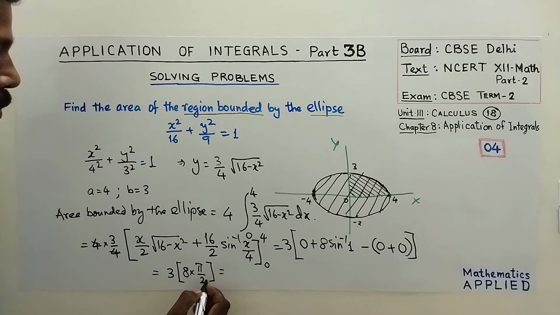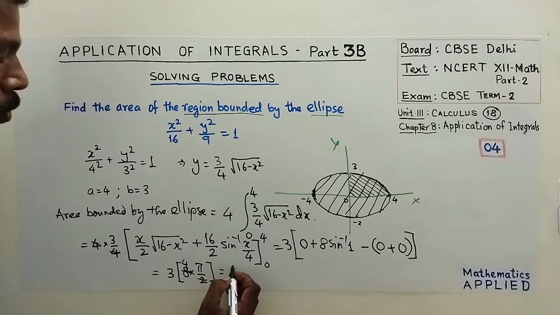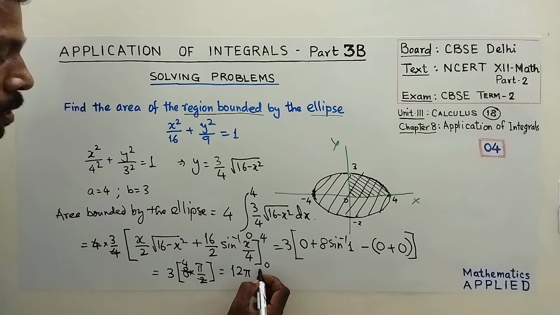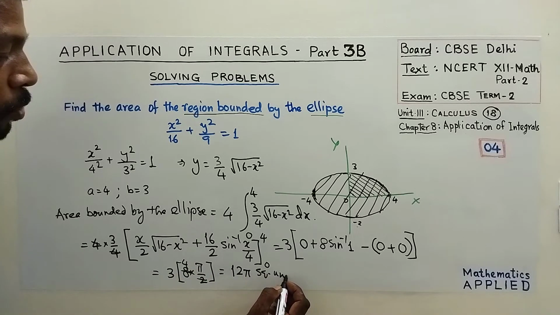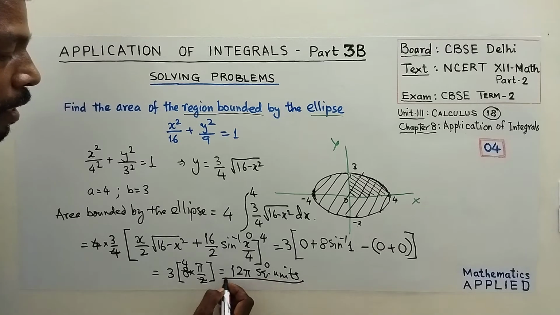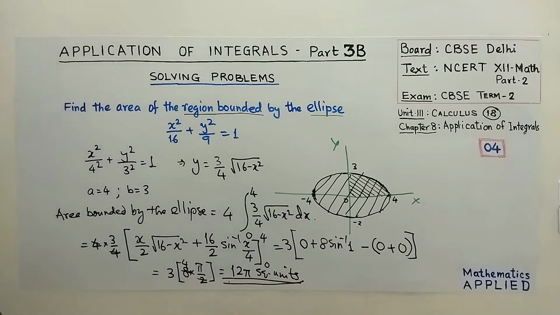So therefore this is 4 into 3 into 2, that is 12 pi square units. This is going to be the area bounded by the ellipse. So you just report your answer as the area of the bounded space within the ellipse is 12 pi square units.